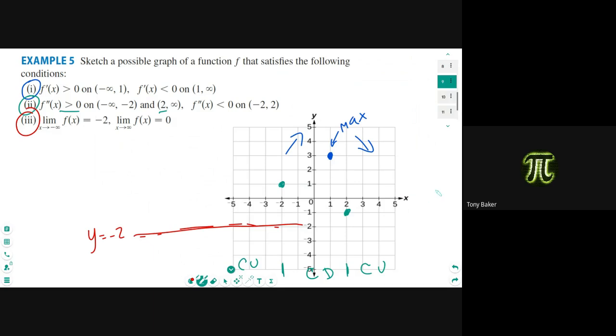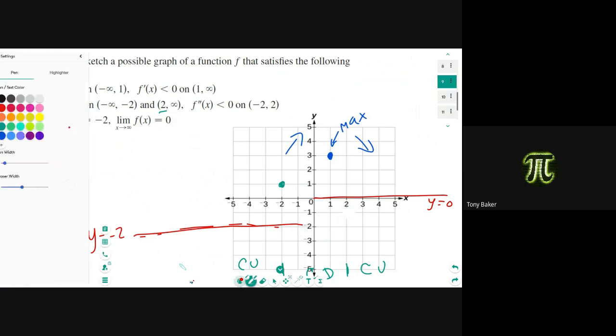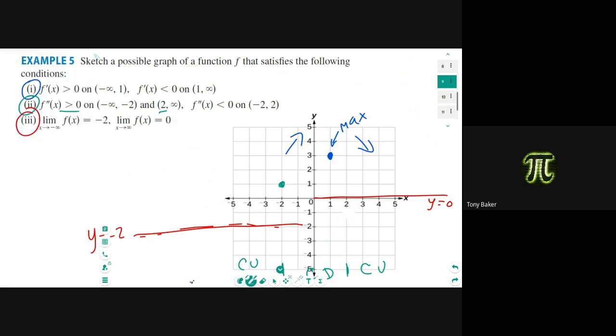Going to infinity, I have an asymptote at what? At 0. So I have an asymptote over here, which means this point can't be down there. Which means that point has to be up there somewhere. Does that make sense? Okay.